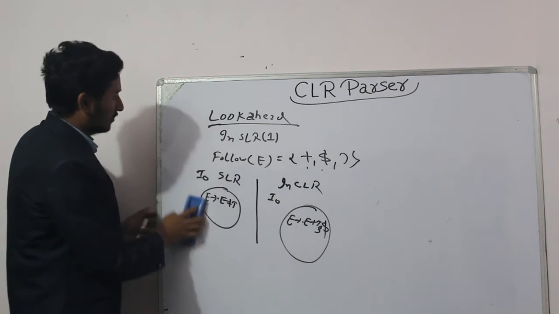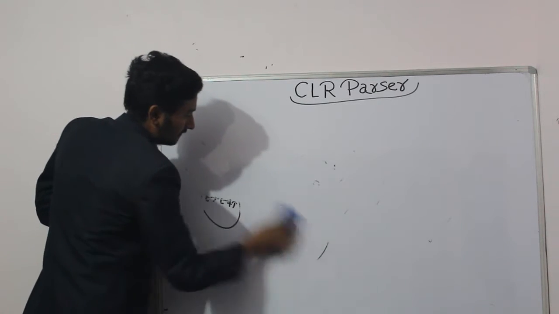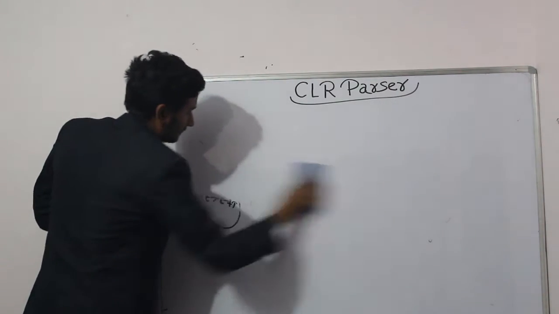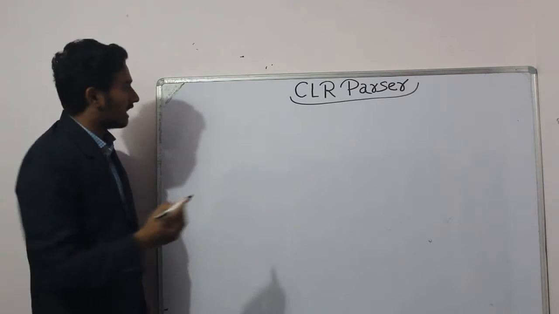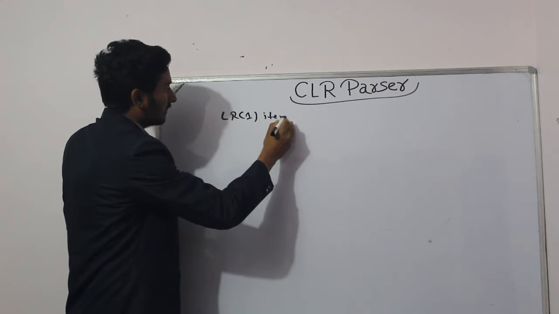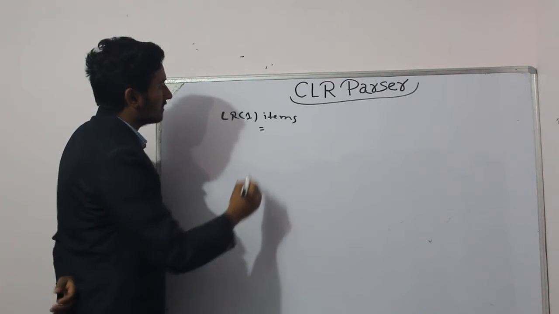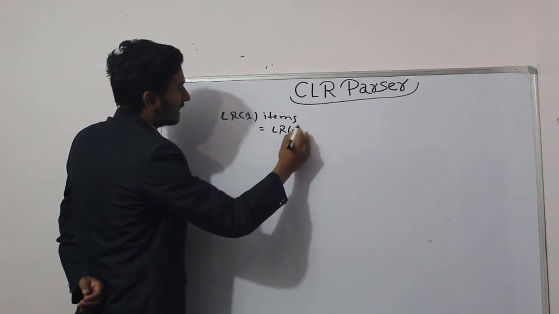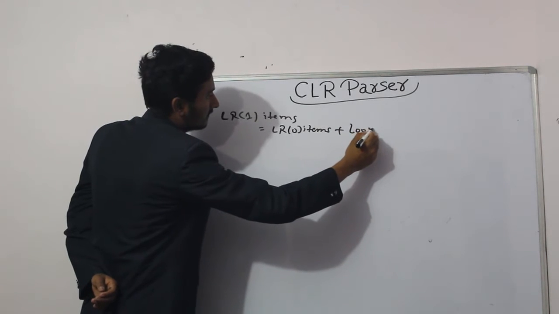Now friends, we are going to calculate LR(1) items. Now I am showing you how to calculate them. As we know, LR(1) items equal LR(0) items plus look ahead.